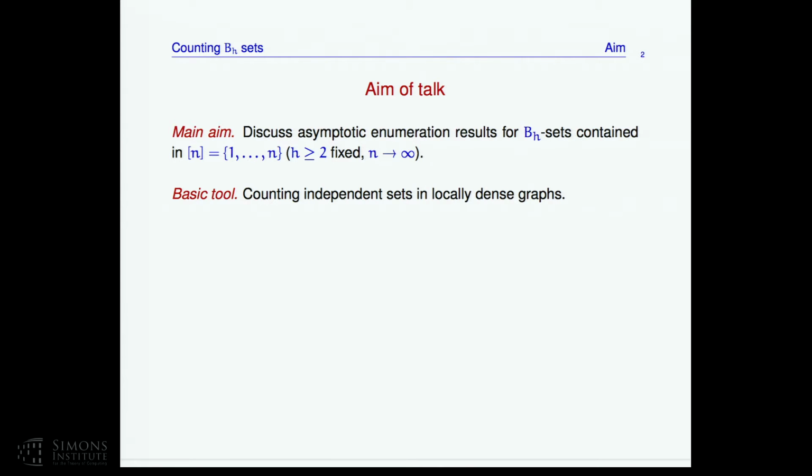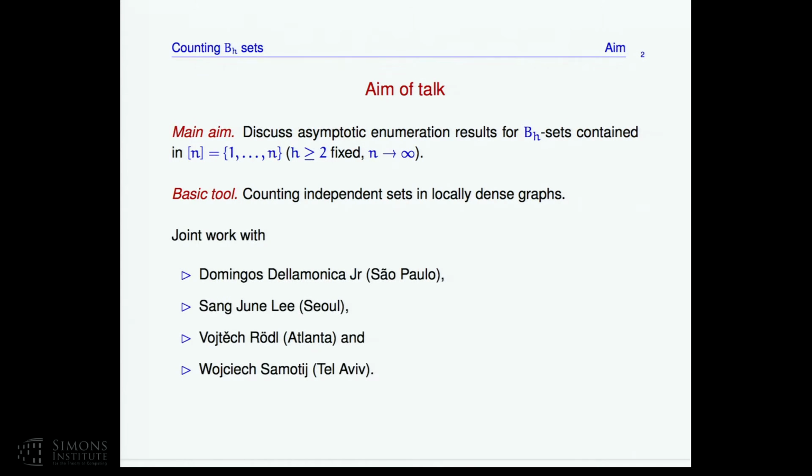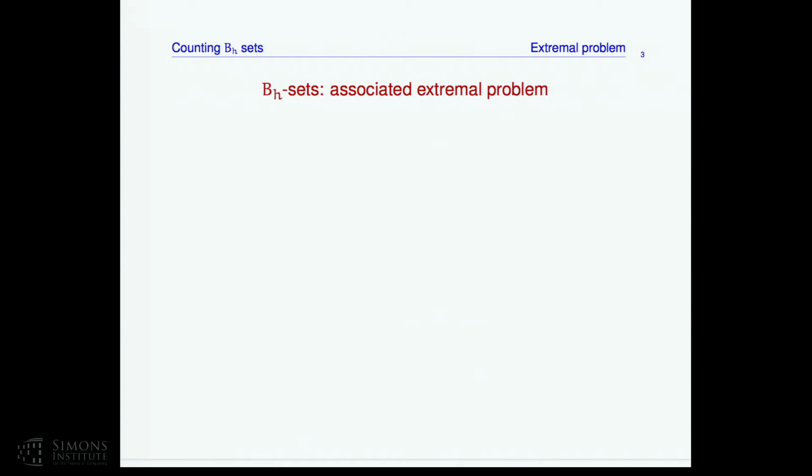This is the main tool that one uses. This is joint work. We have been doing this first for H equals 2 and then H equals 3 and so on, with Domingos, Della Monica, Sanjun Lee, Wojtek Rodel, and Wojtek Samotij. So that's the aim.